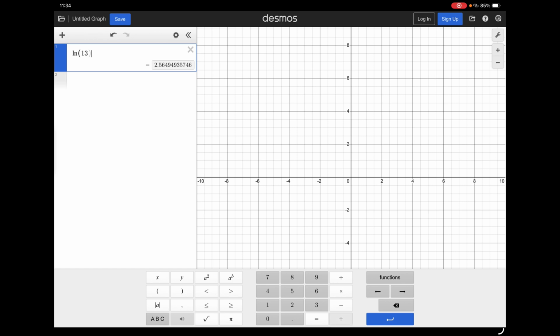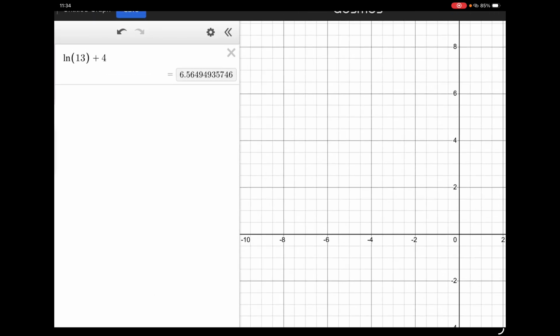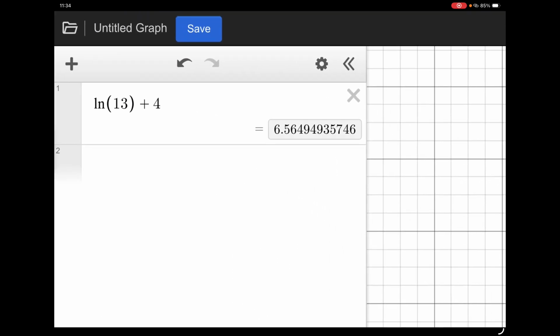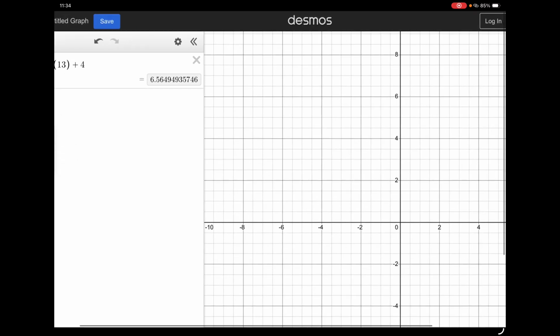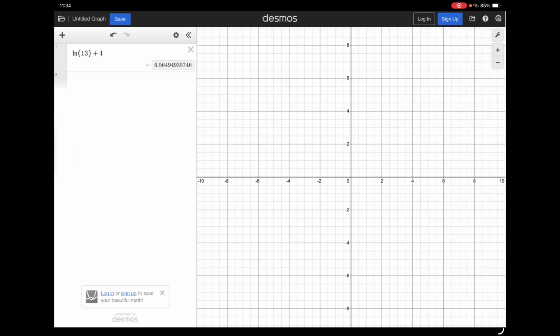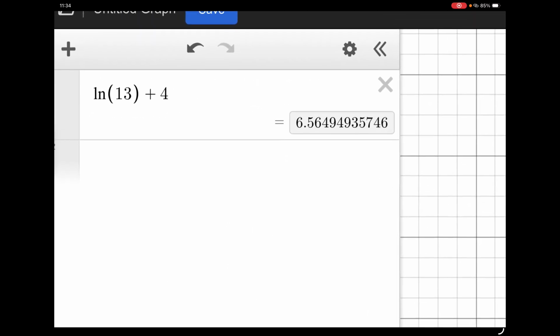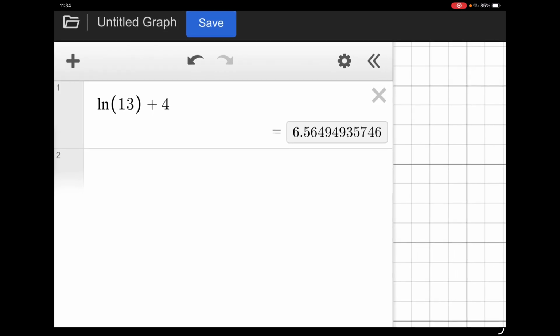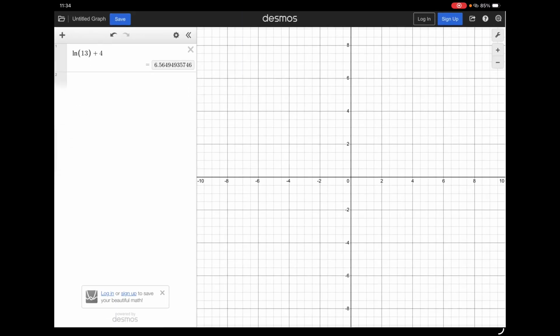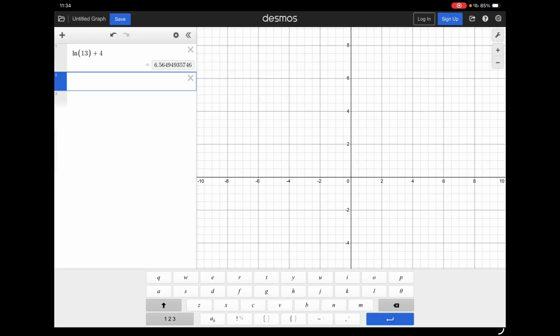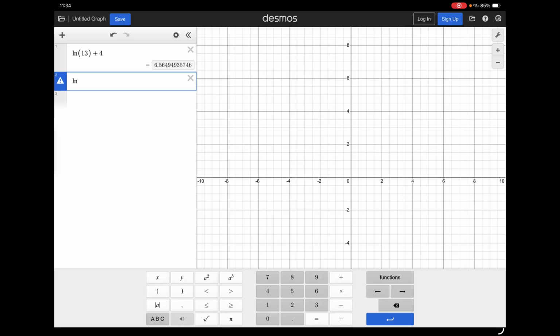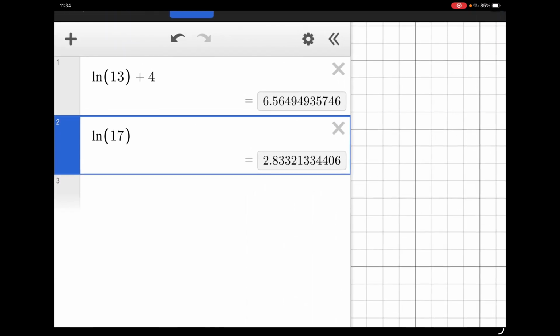If all I do is add 4 to it, notice that that number simply increases by 4. So from 2.56, it increases to 6.56, an increase of 4 units. Notice that that is not the same thing as getting the natural log of 17. 13 plus 4 is 17. Notice that those two values are not the same.